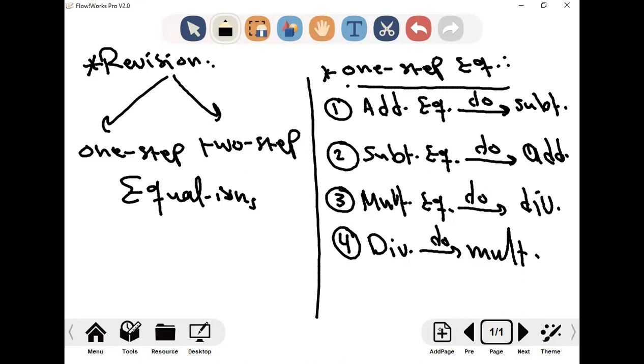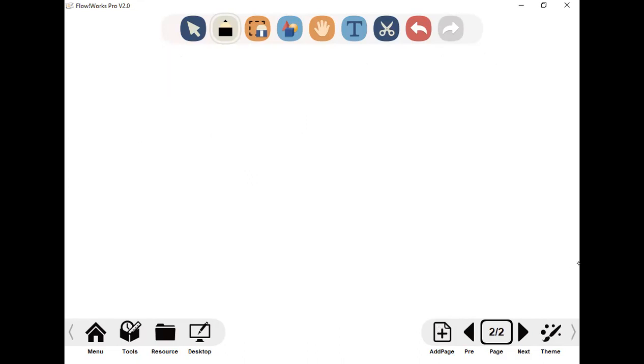Now, let's take some examples about these types. But before that, let's remember a few concepts about equations, algebraic expressions, variable, coefficients. Now, when I say K, we call it what? Variable.